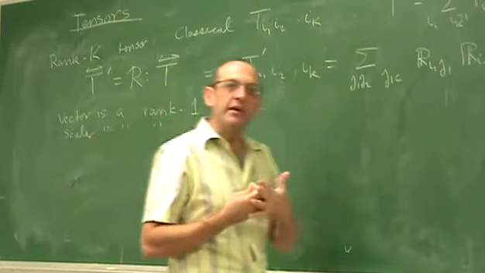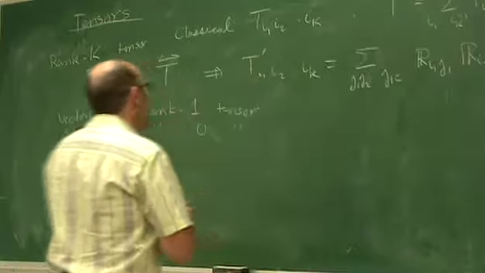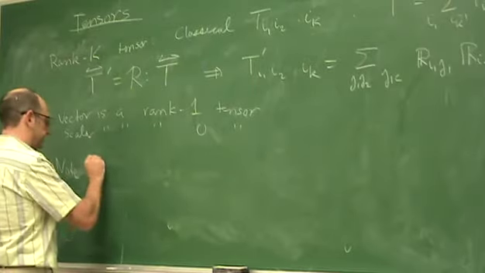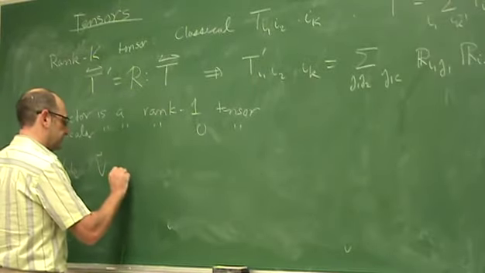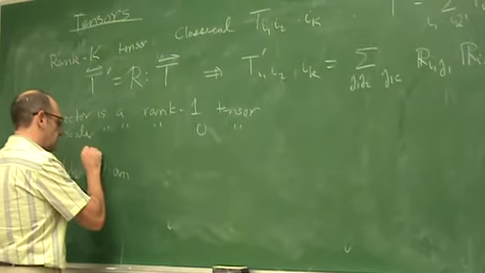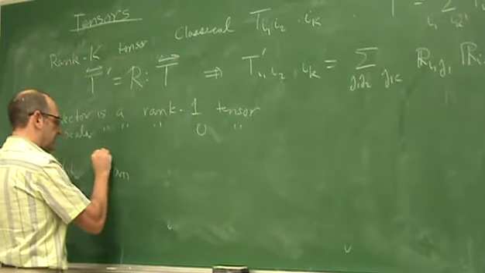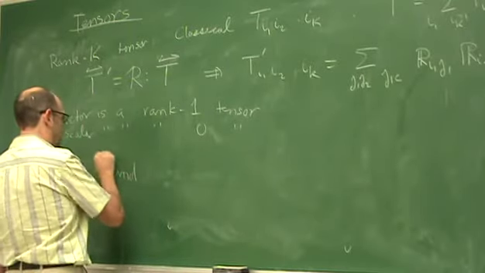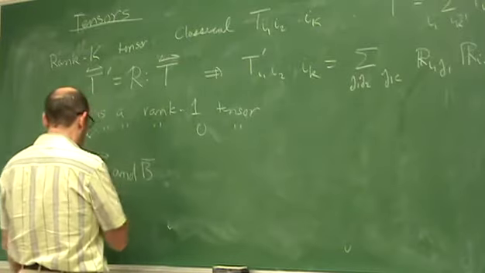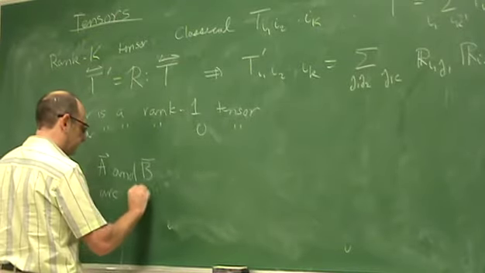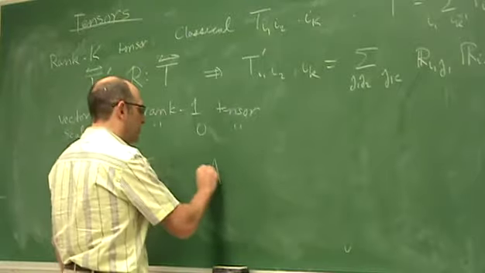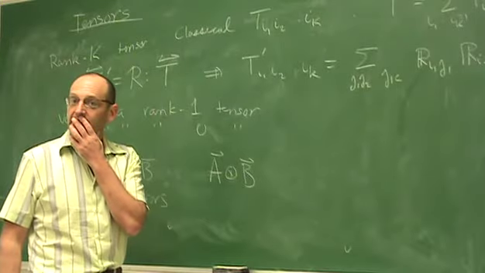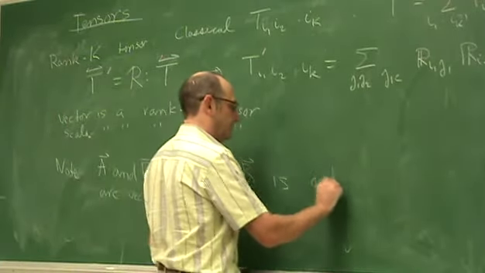Now, from this definition, we see that if A and B are vectors, then the outer product of two vectors is a tensor.